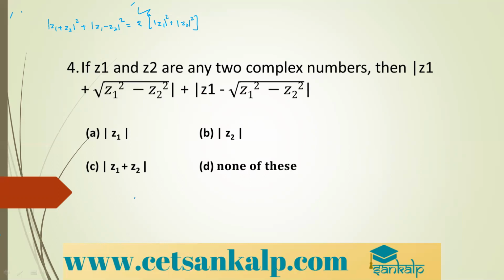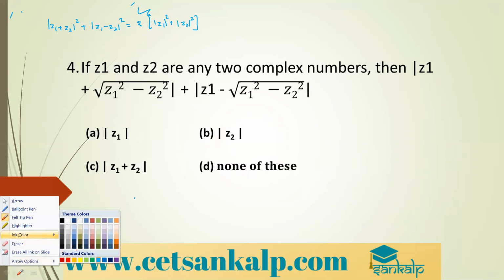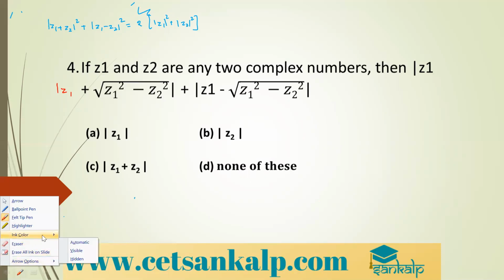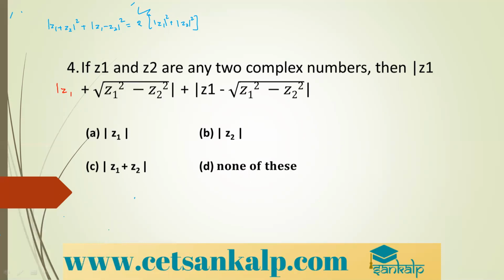It depends on that. So first I will write whatever is there in the question. Let me change the ink color. We have mod of Z1 here over here. So if I have something like a formula which is familiar to you, I will write.